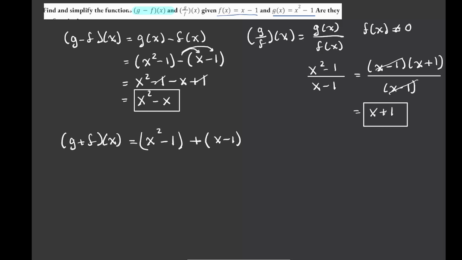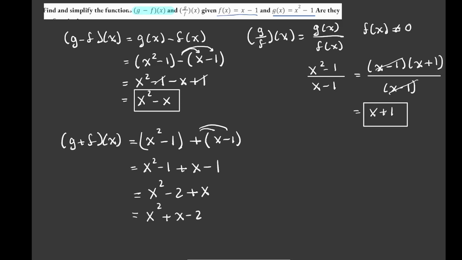To simplify, we get rid of the parentheses, so that's x squared minus 1 plus x minus 1, distributing the positive. Combining like terms, I would have x squared, negative 1 minus 1 is minus 2, plus x. I can rearrange these to write x squared plus x minus 2.